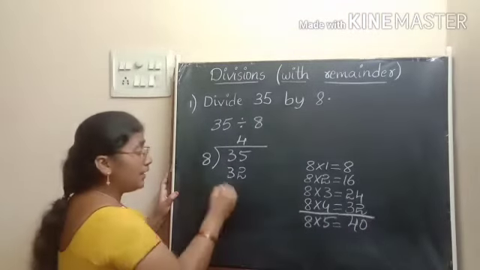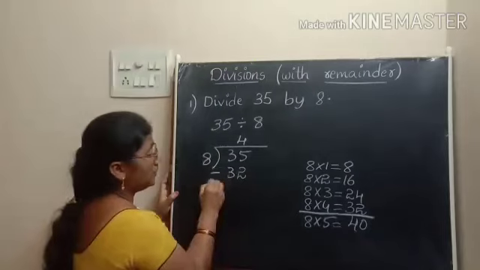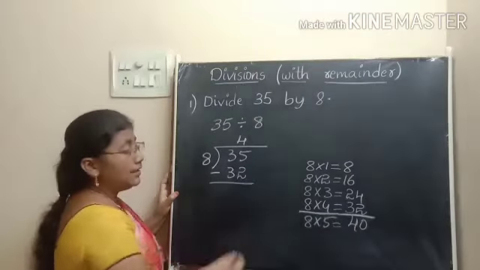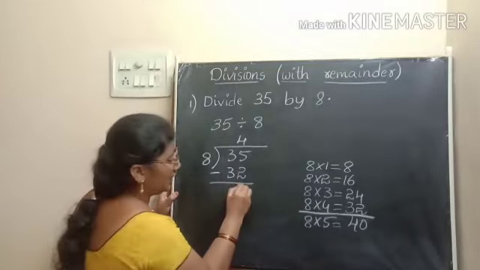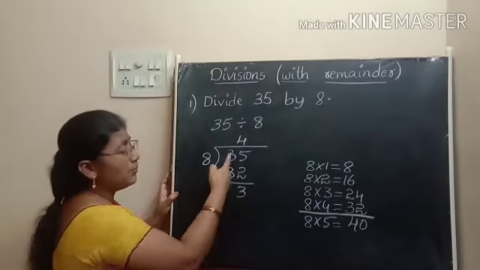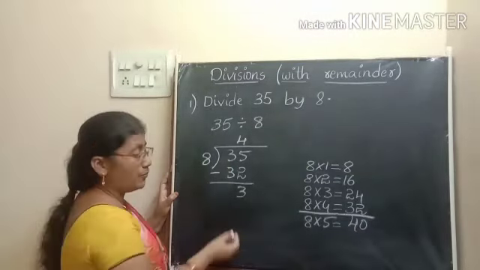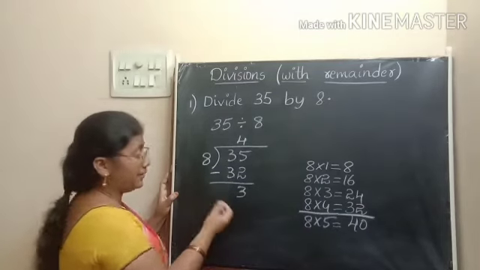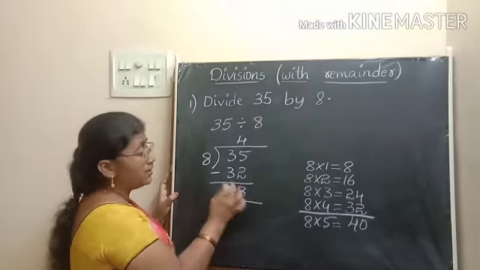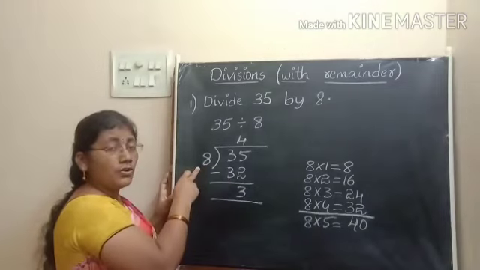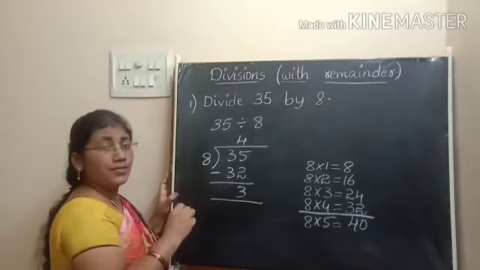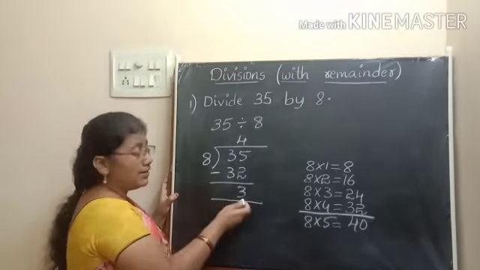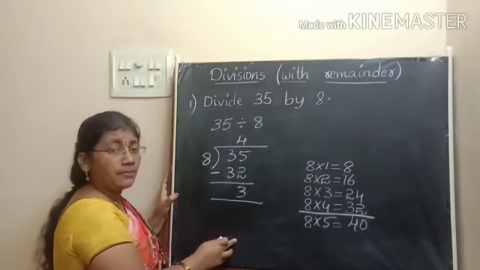Now we have to apply subtraction on these two lines. Let us subtract 5 minus 2. 5 minus 2 is equal to 3. 3 minus 3 is equal to 0. There is no need to write 0 here. Here the number is less than divisor. So there is no possibility to continue this operation. Understood, children? Then leave it as remainder.